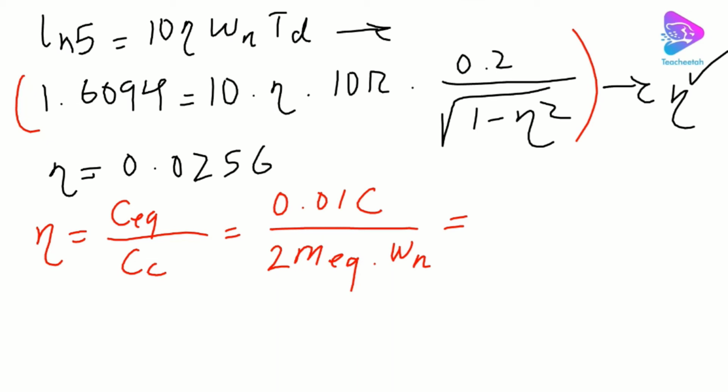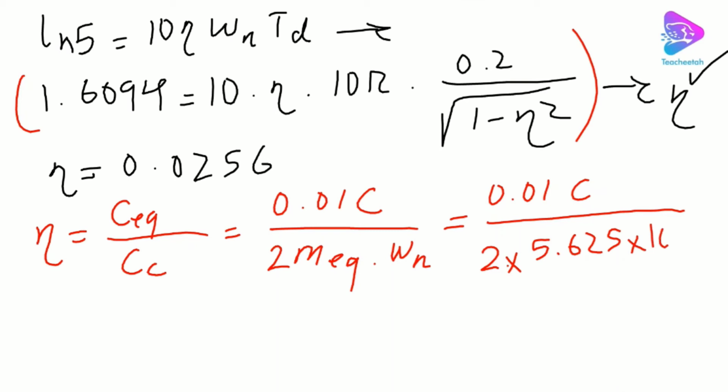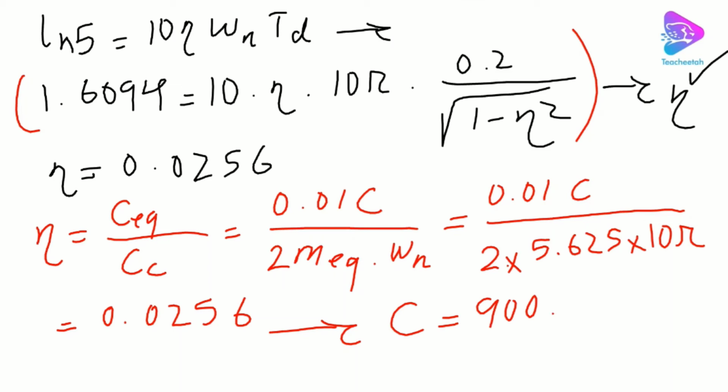We know m and omega n, so it is equal to 0.01 C divided by 2 times 25 times omega n, which is 10 pi, and this is equal to 0.0256. So the only unknown is C, which can be found simply from the above equation, which is equal to 900 something, like 5 or so Newton second per meter. So you can double check my calculation.